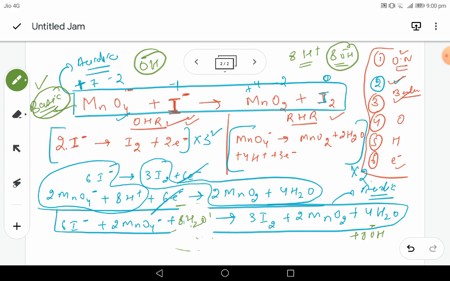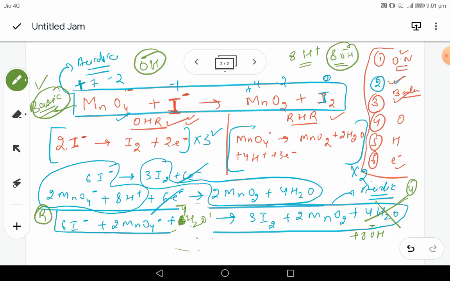Now this 8H2O is on the reactant side, but just see that we have got 4H2O in the product side also. And I told you that reactant and product side, if we have the same molecules, we can cancel them out very easily. So this will be cancelled out, and if we cancel 4 out of 8, this 8 will change into 4, right?